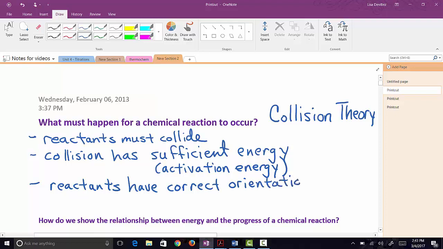So that just means that the way in which they hit each other, like which end of the molecule collides with a certain end of the other reactant molecule, that makes a difference. So not every collision, even if it has enough energy, will progress to create products. They also have to hit each other in the right way.